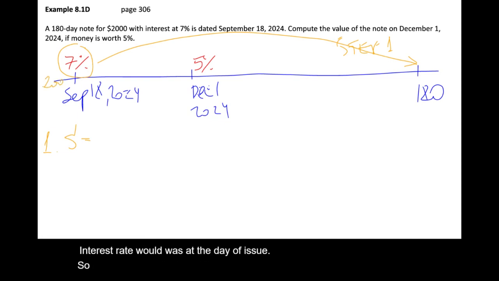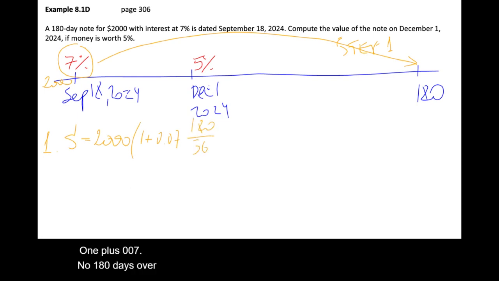So 2000, times 1 plus 0.007, now 180 days over 365. Let's calculate it. $2,069.04.